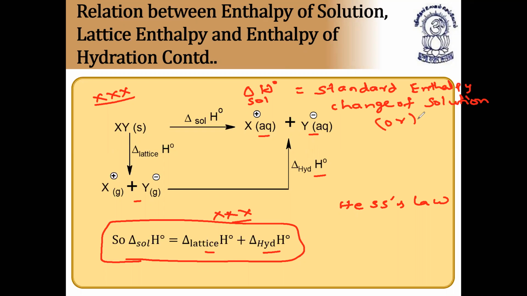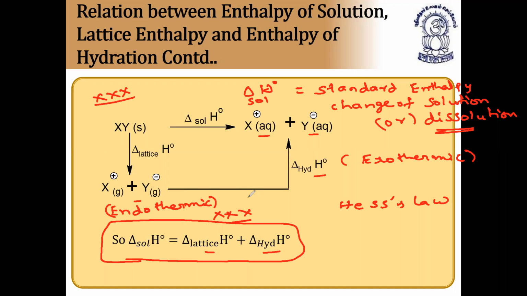And on the whole, it is an exothermic process because it involves an exothermic process: hydration enthalpy is exothermic, and this is an endothermic process because the bond is dissociating. So previously I told it is exothermic, now it is endothermic. So it can be overall endothermic or exothermic. When can it be endothermic or exothermic? If this is greater than this, it is exothermic. If this is greater than this, it is endothermic. I hope it is clear.